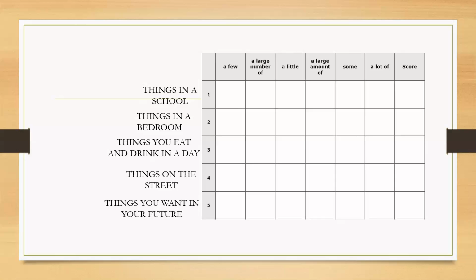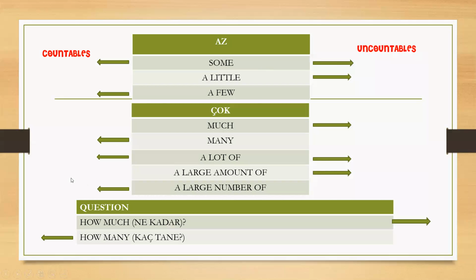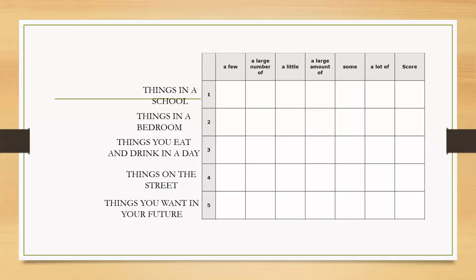In a school, I have a few principals. We don't have many, is it right? But in a school, I have a large number of. If it's a large number of, it's countable. I have a large number of students, of course.